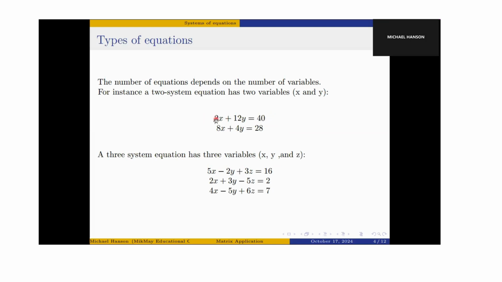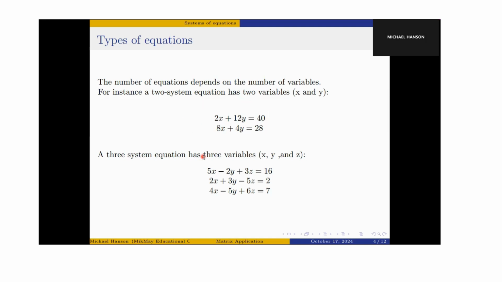For instance, looking at this equation, 2x plus 12y equals 40, there are two variables, x and y. To resolve this and find the values of x and y, you would have to resolve it using two systems of equations. In this case, one equation, then the second equation. Economically, this will be used to resolve an objective function when you are doing linear programming.